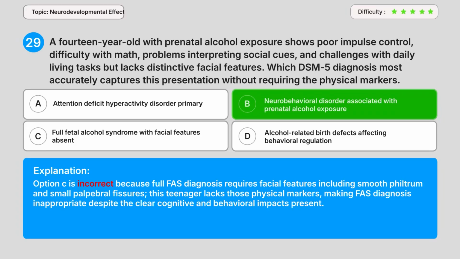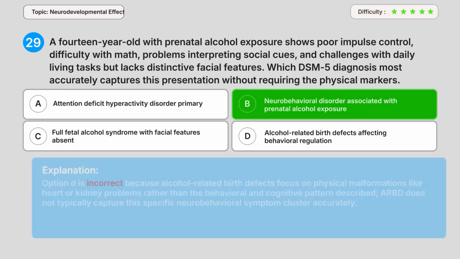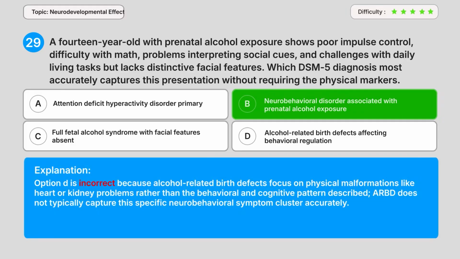This teenager lacks those physical markers, making FAS diagnosis inappropriate despite the clear cognitive and behavioral impacts present. Option D is incorrect because alcohol-related birth defects focus on physical malformations like heart or kidney problems, rather than the behavioral and cognitive pattern described. ARBD does not typically capture this specific neurobehavioral symptom cluster accurately.